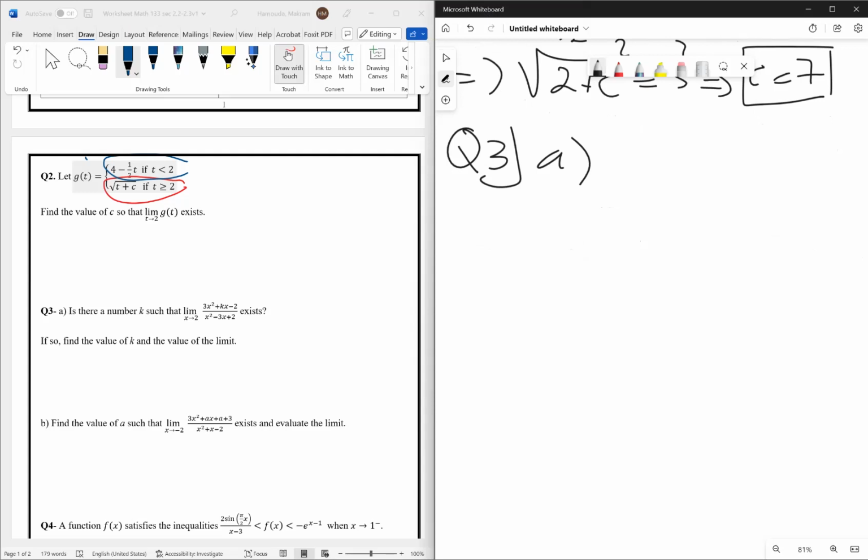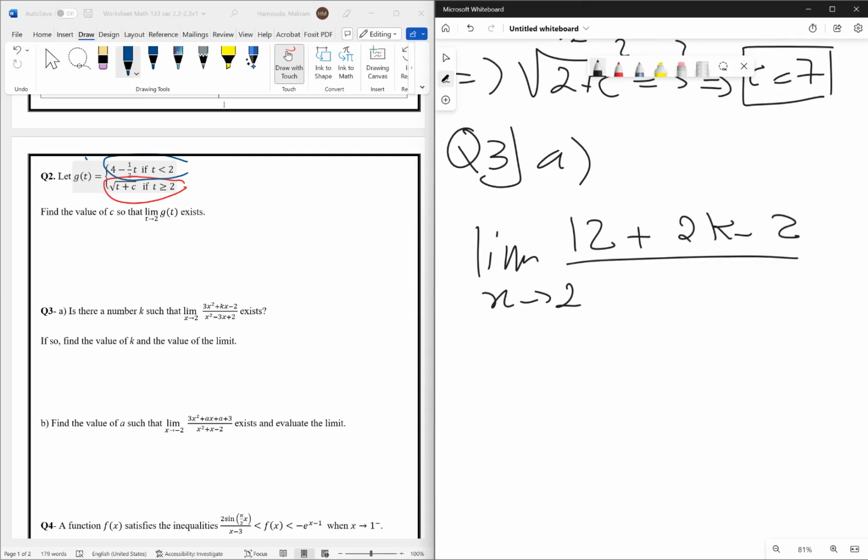But here you see that if we substitute, we will get 4 times 3, 12 plus 2k minus 2 over 4 minus 6 plus 2.